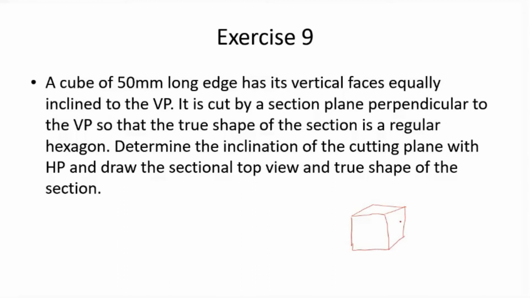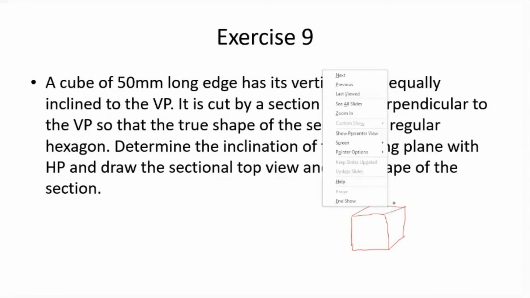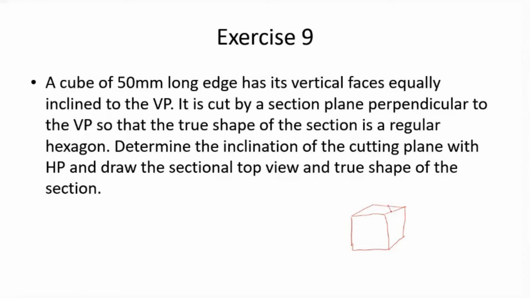So this is a cube. How can this section plane cut in such a way that it intersects with 6 different faces? That is the condition. Suppose the section plane is starting from here in this direction and it cuts in this direction.